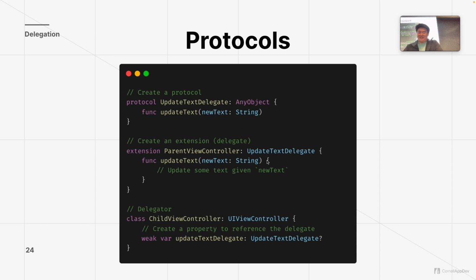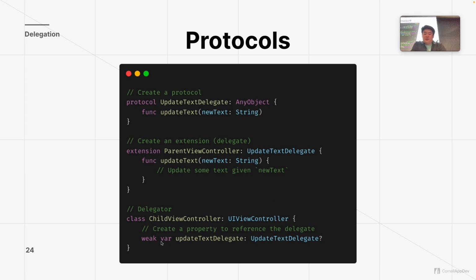So let me repeat that just in case you didn't get that. The parent view controller is the delegate that implements the protocol that has the language of communication that allows the delegator to do a task. So the child view controller here, you would think of as the customer telling the parent view controller, which is the bartender, to create a drink based on the menu, which is the protocol.